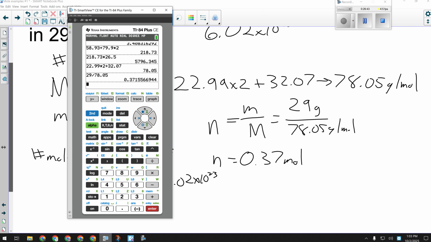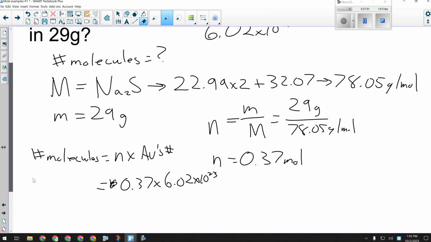Okay, so take that number and multiply it by, in brackets, 6.02 E23. All right, so I get obviously less than Avogadro's number, which is appropriate, 2.24 times 10 to the 23.